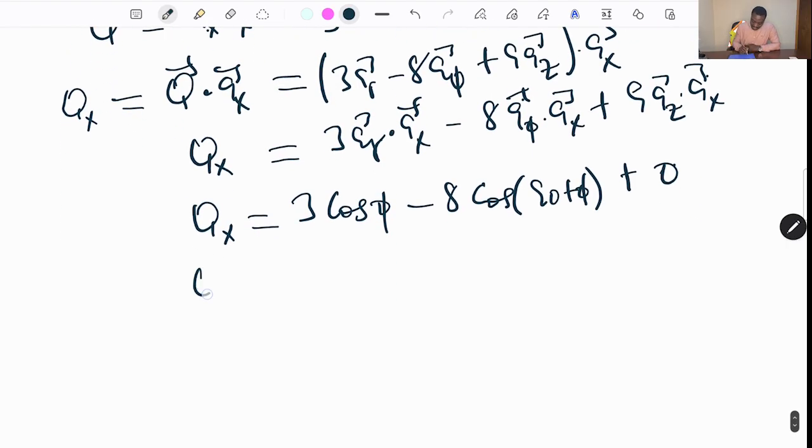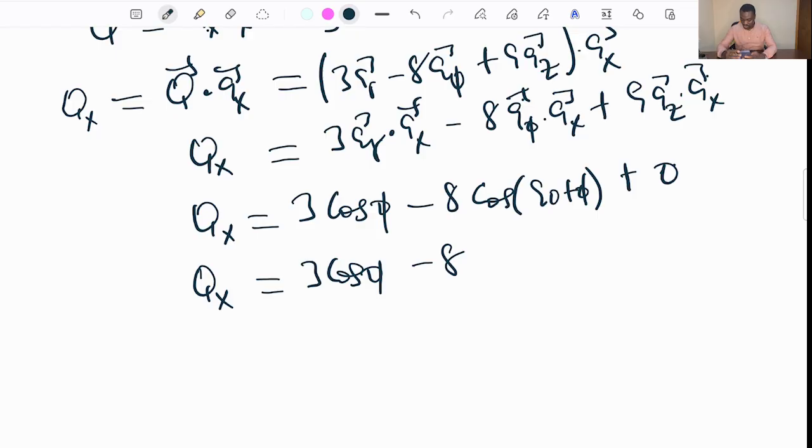I can further simplify this part here to be 3 cos phi minus 8. Cos 90 plus phi is going to be what? So how do I get cos 90 plus phi? You can leave this like that and use it straightforward.